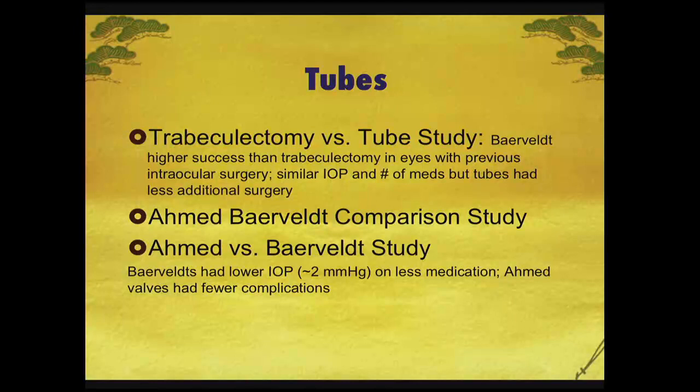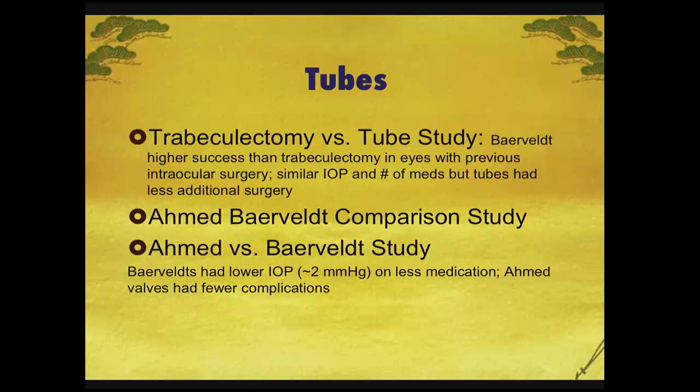This study compared eyes receiving a Baerveldt to a trabeculectomy. They had a very particular definition of success, and they reported that there's a higher success rate with Baerveldts than with trabeculectomies. All the eyes in the study had already had some kind of intraocular surgery, mainly cataract surgery.